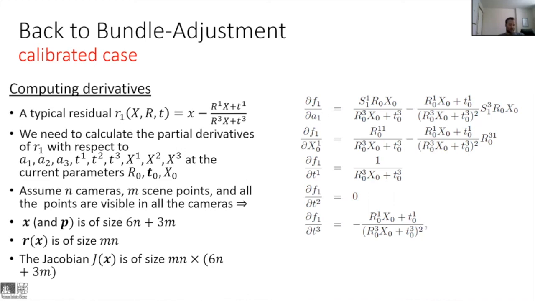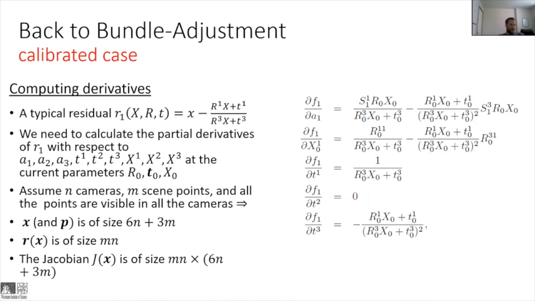In practice, if you need to do this, there are many efficient packages that you can use. You might want to implement it by yourself, but in general, there are packages that do it, and they usually use Levenberg-Marquardt to optimize it. You can choose the other algorithms that we've seen, like Gauss-Newton, for example, to optimize the objective.